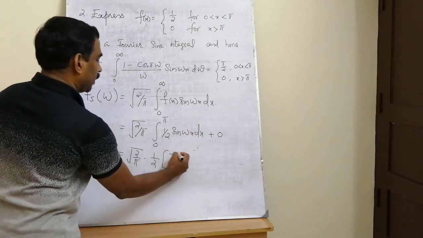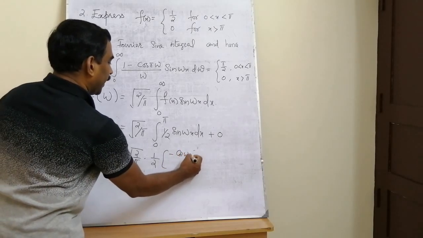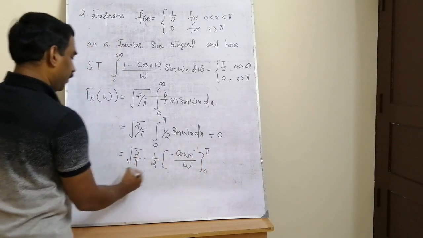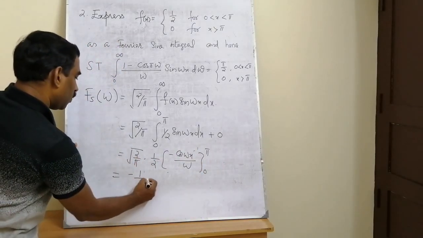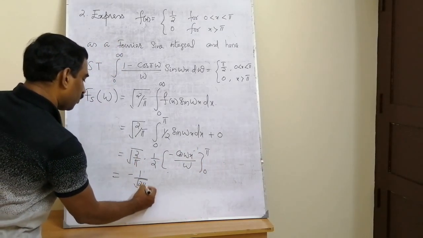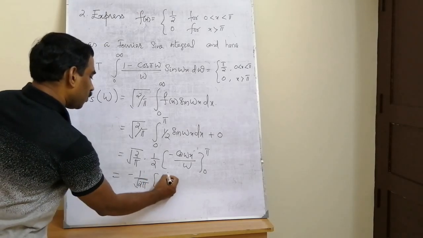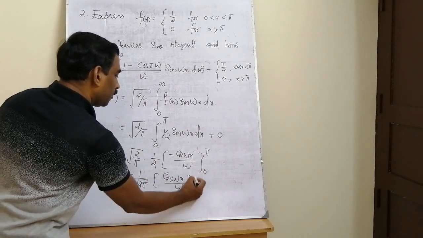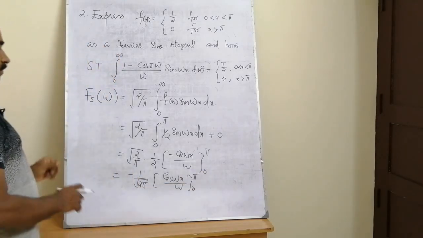square root of 2 by pi, 1 by 2 into integral of sin omega x dx, that is minus cos omega x divided by omega within the limit 0 to pi. So this becomes minus 1 by square root of 2 pi, cos omega x divided by omega from 0 to pi.